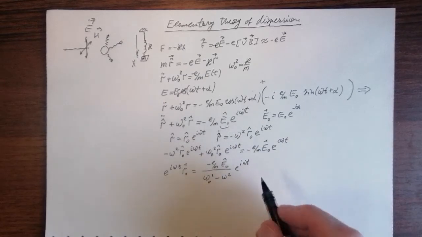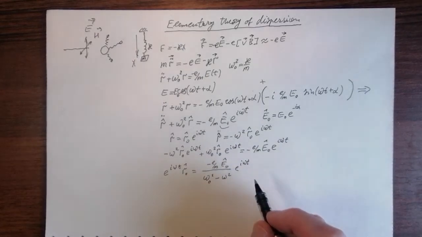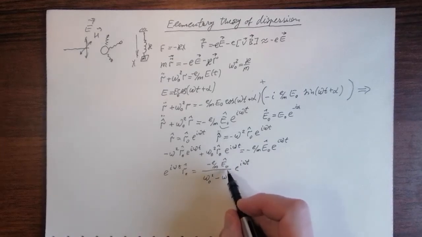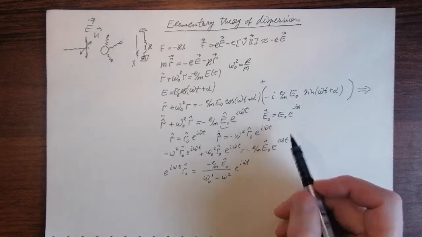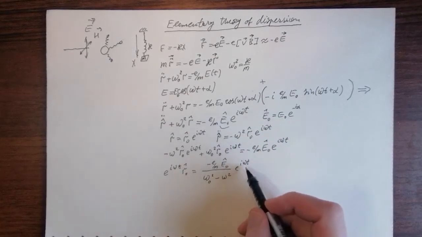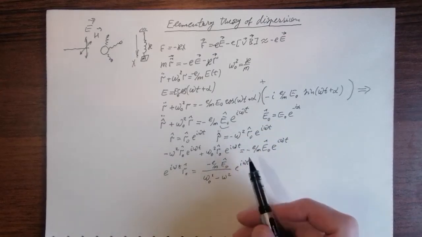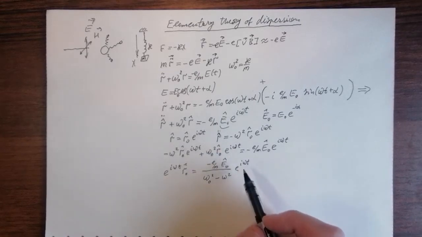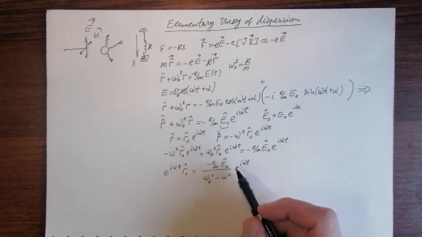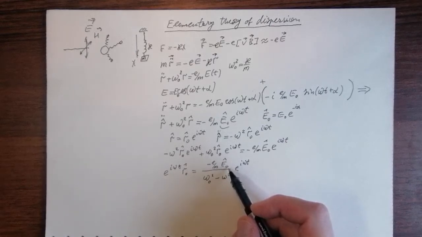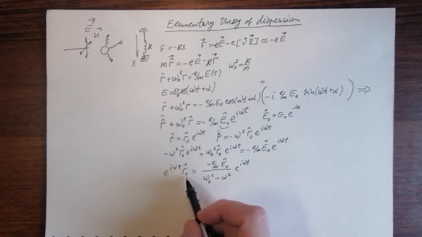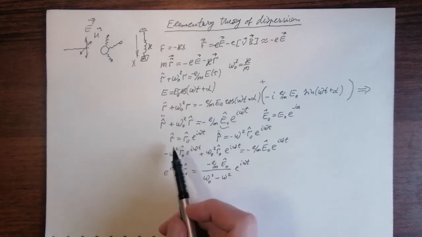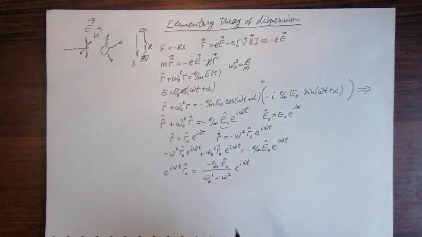So we see that E0 complex amplitude multiplied by this e to the i omega t is actually the complex initial electromagnetic wave. Then this e to the i omega t r0 is r, here is r0.